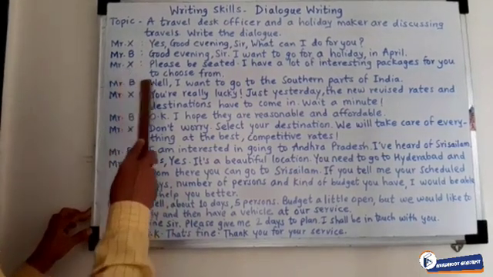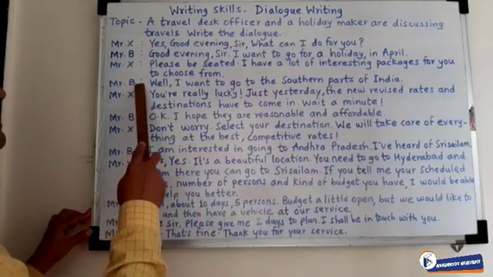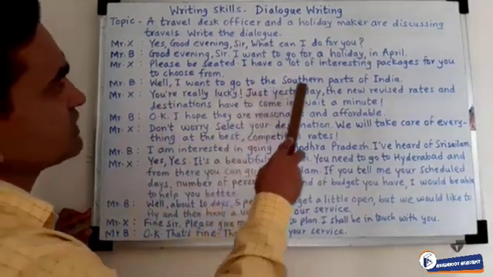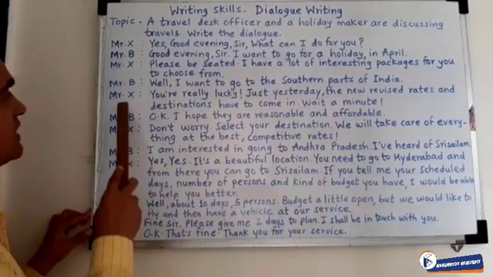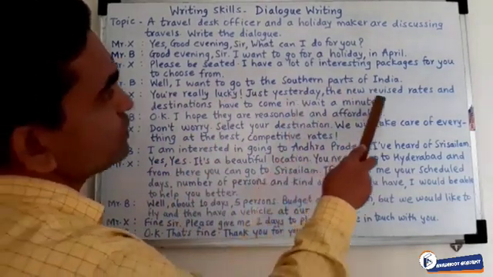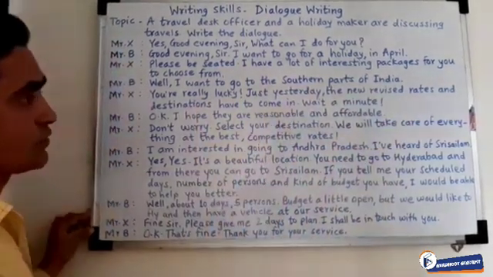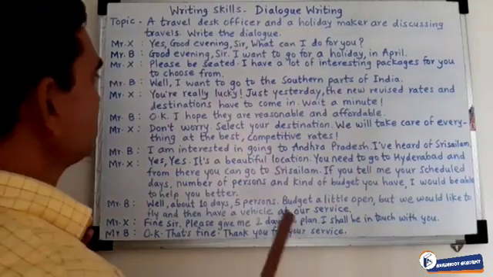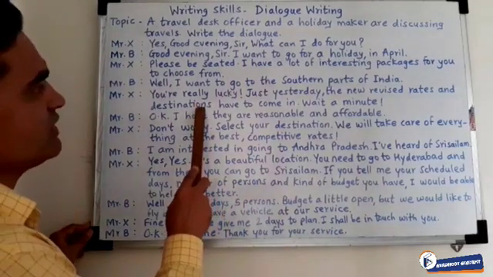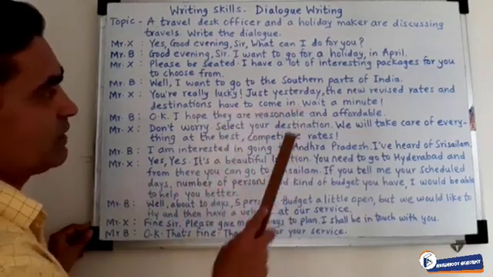Now Mr. X said the number of packages for Mr. B. Mr. B said, "Well, I want to go to the southern parts of India." Mr. X said, "You are really lucky. Just yesterday the new revised rates and destinations have come in. Wait a minute."